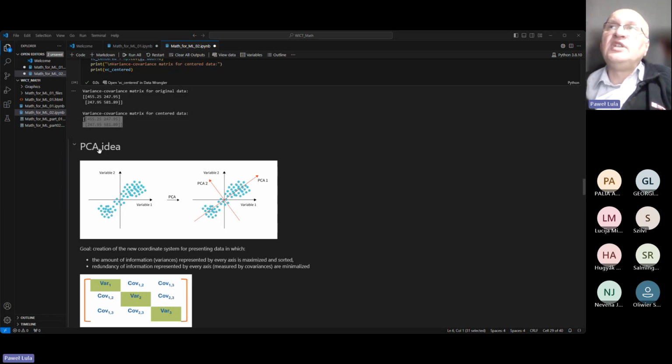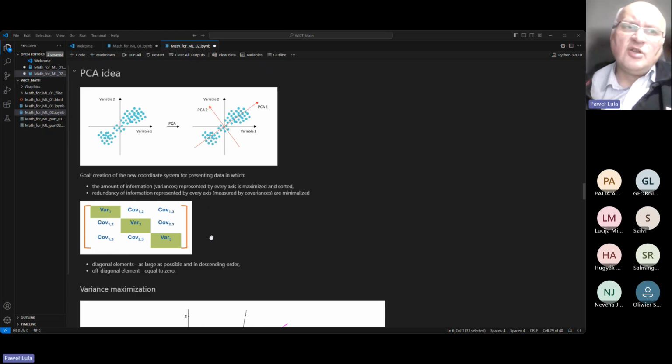So when we are talking about principal component analysis and this new coordinate system, it is defined by eigenvectors of the variance-covariance matrix calculated for the original data. Using these vectors, we can maximize variances corresponding to every axis.